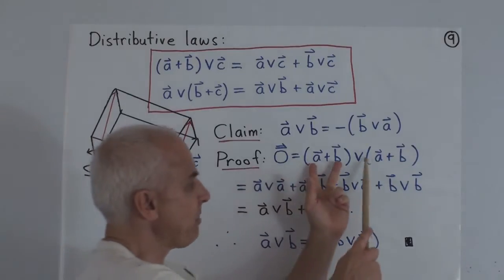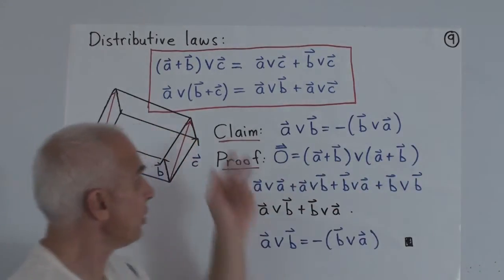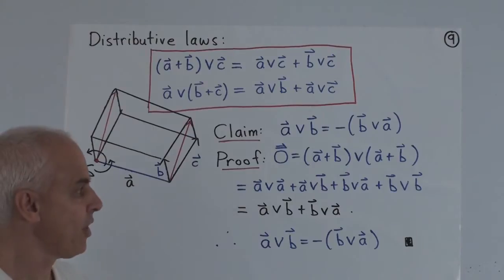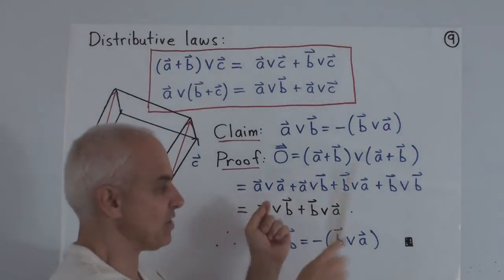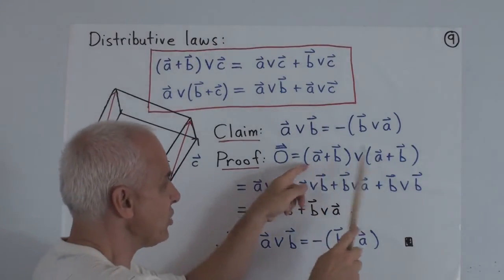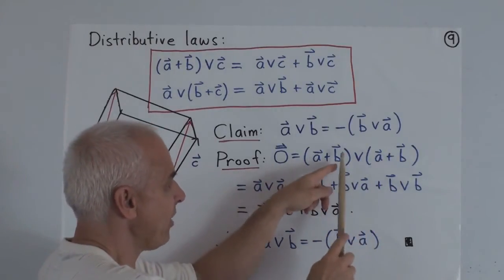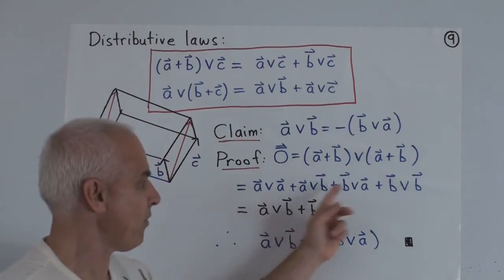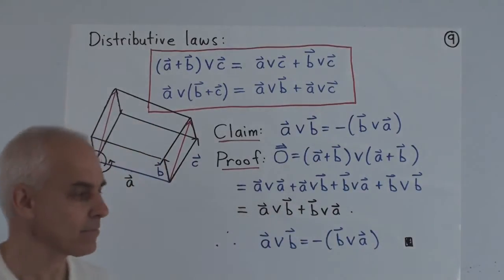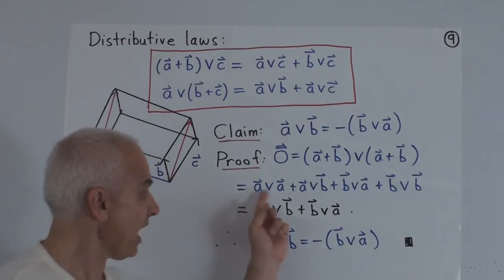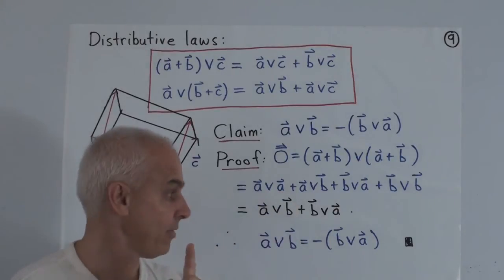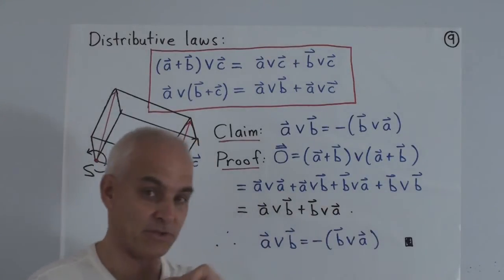But we can also expand this kind of product using the distributive laws. There's going to be 4 separate wedge products. There's A wedge A plus A wedge B plus B wedge A plus B wedge B. But now we see that there's an A wedge A. We've agreed that that's 0. And this B wedge B is also 0.